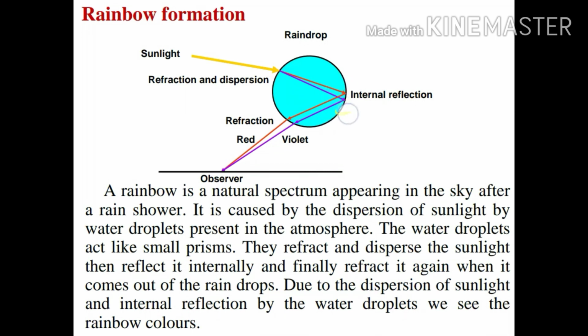At this surface, total internal reflection takes place. Again at this surface, refraction of light takes place. So we have seen that two times refraction, one time reflection, and one time dispersion of light takes place during rainbow formation. This is an important question from your examination point of view.